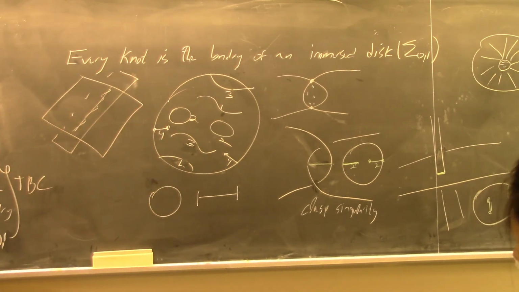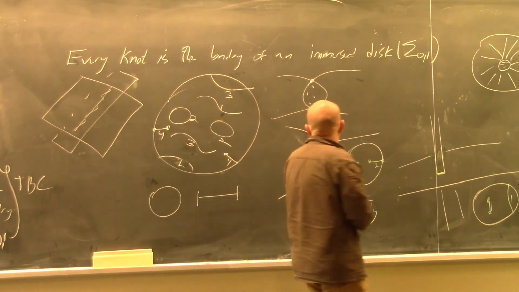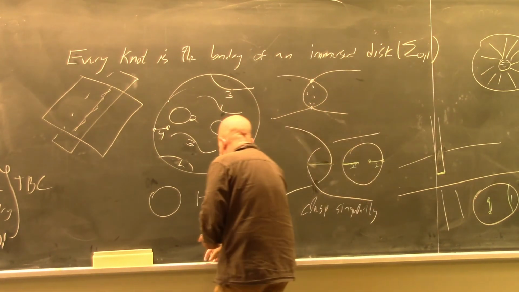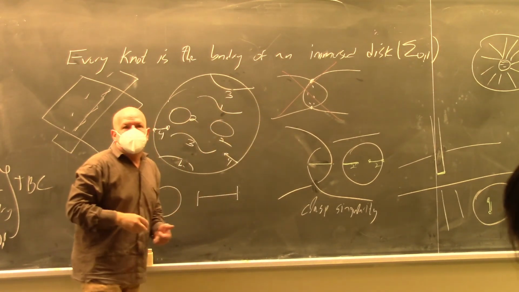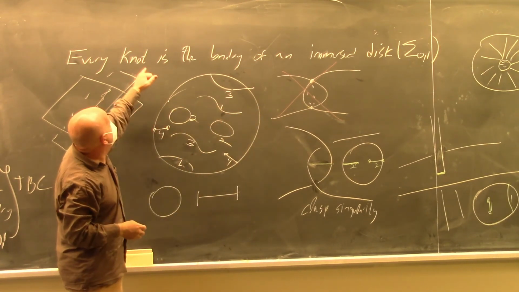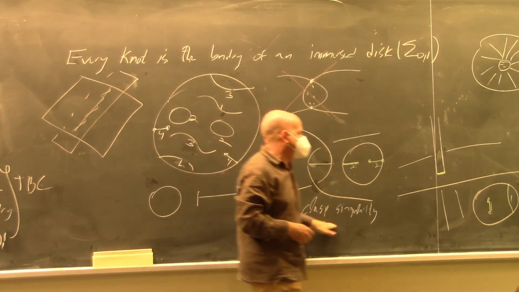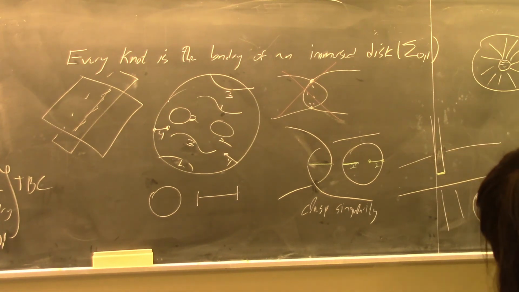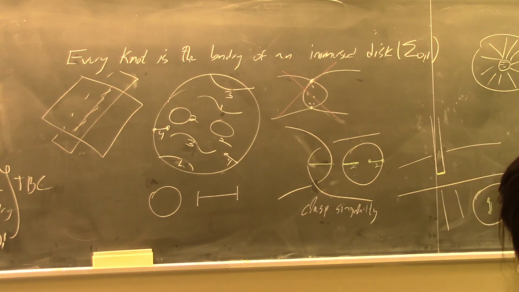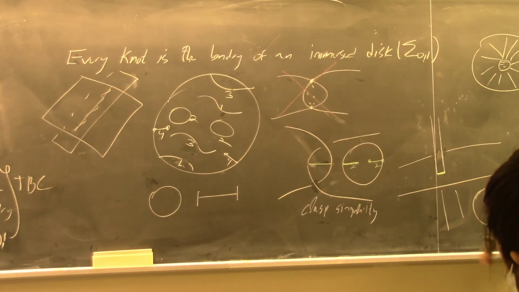Whew. Okay, these singularities you can always get rid of. So you can always find an immersion which has only clasp or ribbon singularities. So every knot is the boundary of a disk that has only clasp or ribbon singularities.